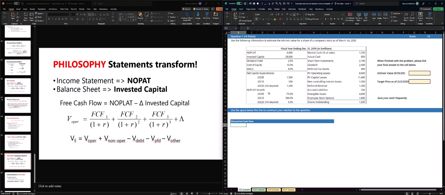So let's read the question. Use the following information to estimate the intrinsic value for a share of a company's stock as of March 1st, 2020. Keep note that it's March 1st, 2020. And as soon as you read this, oh, it's December 31st, 2019.